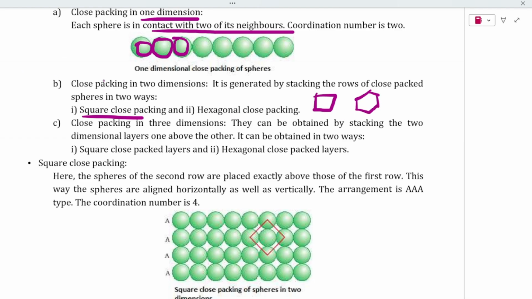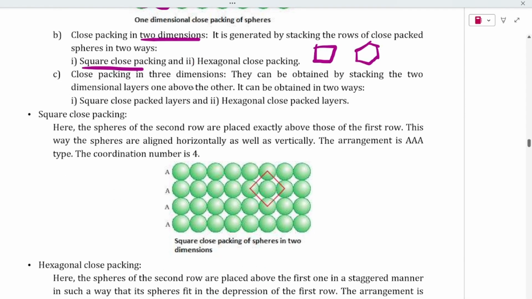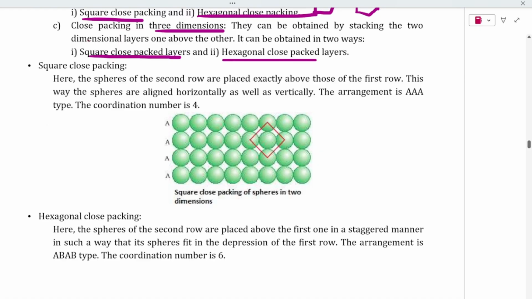These are the 2 that will be in 2 dimensions. And in 3 dimensions, they can have square and hexagonal. See, here it was close packing, here it is close packed layers. The layers are there, so that are called close packing in 3 dimensions.